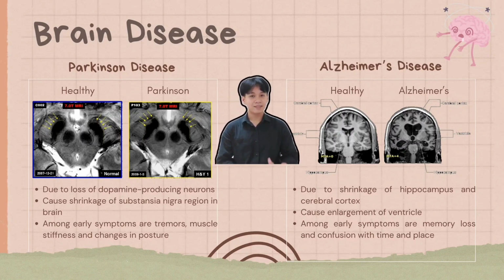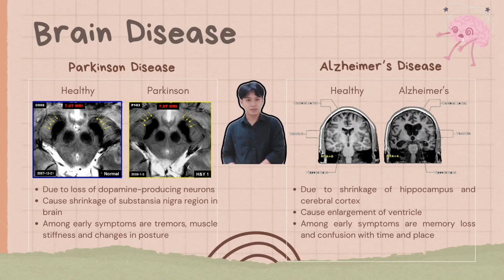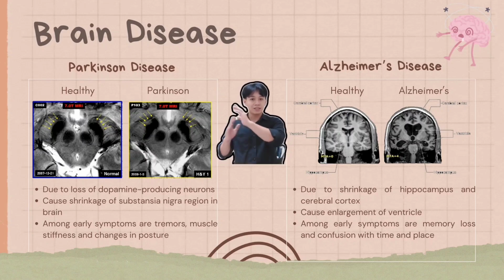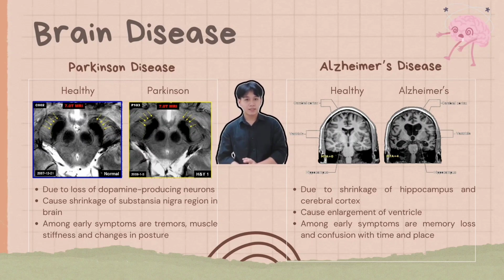Parkinson's disease is a brain condition that primarily affects movement, and this disease occurs due to the loss of dopamine-producing neurons, which, as you can see in this brain scan, will further cause a shrinkage in the substantia nigra region. Among the early symptoms of Parkinson's disease are tremors, muscle stiffness, and changes in posture.